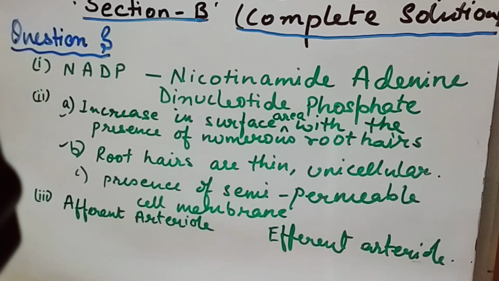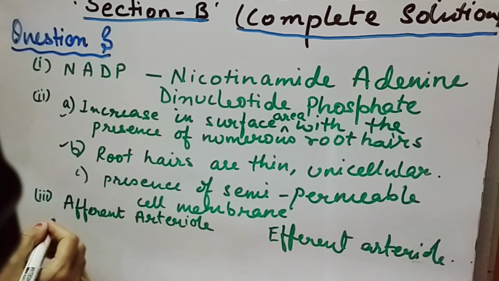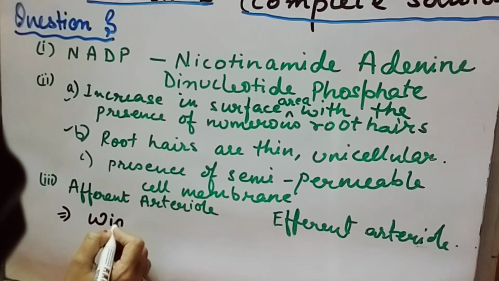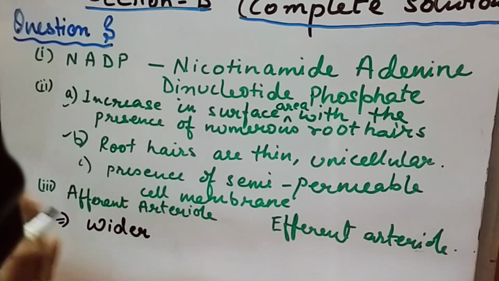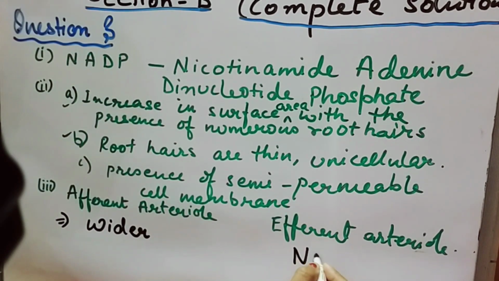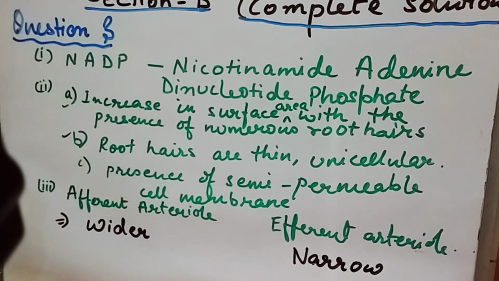Now one is the arteriole that enters the glomerulus, and another that moves out from that into the Bowman's capsule. So afferent diameter is wider, that is broader, whereas efferent has narrower diameter. That is the answer. So narrow and wider. We'll go to the next question.